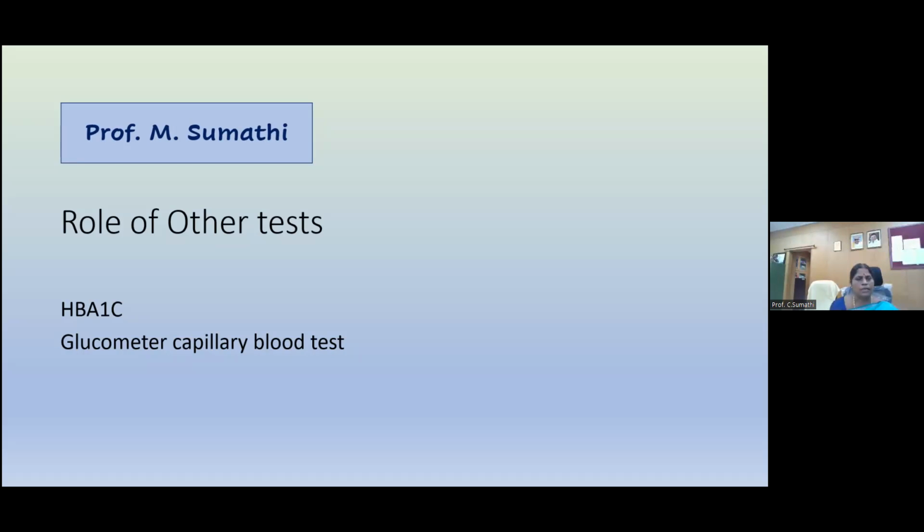If they present for the first time in the second trimester, at that time we can just know about the values. But as a screening test, I don't think HbA1c is needed.